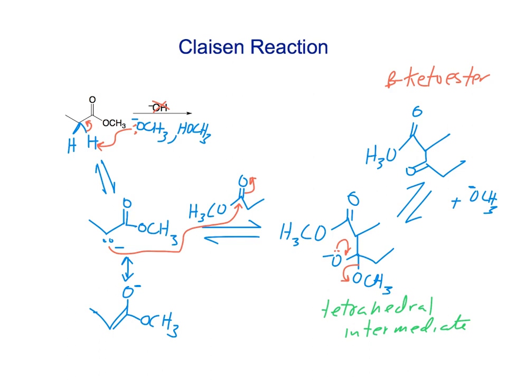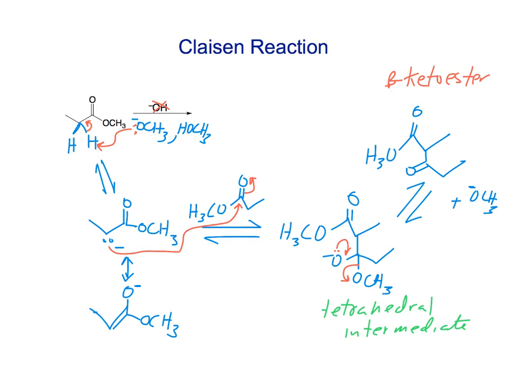This is similar to the base hydrolysis of an ester. Remember, we got a carboxylic acid as the product and an alkoxide, and then it did an acid-base reaction to pull the reaction toward the product. So the same thing happens here.